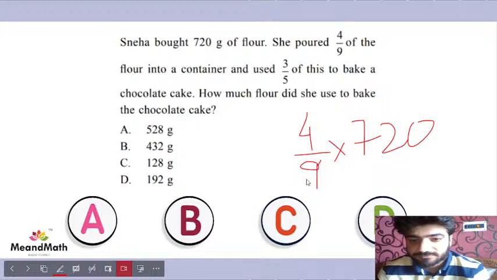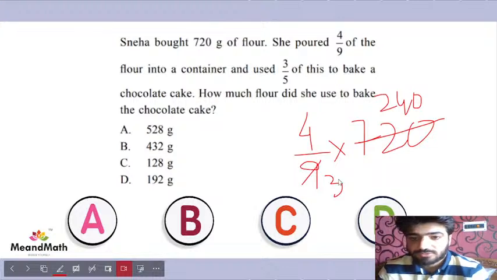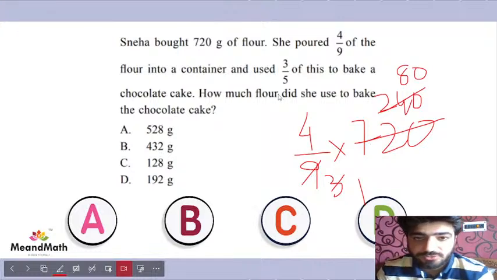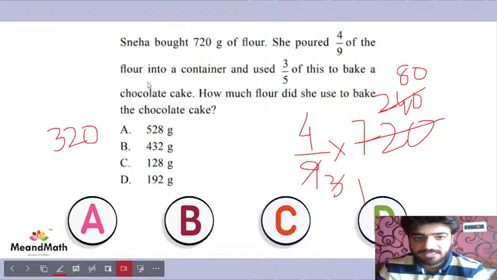So this is three threes, three twos, three fours. This is 720, so three ones, three eights, zeros. So 80 into 4 is 320. So she poured 320 grams into a container.